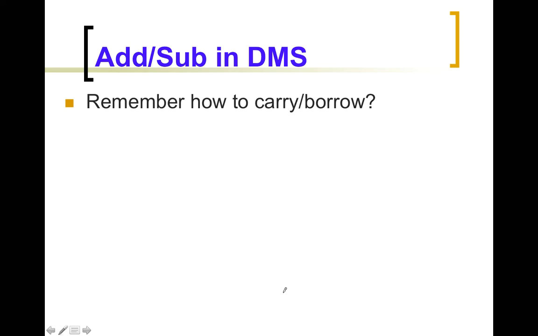Okay, one of the other things that comes up in this lesson is how to add and subtract in DMS. So if I wanted to take 34 degrees, 12 minutes, and 16 seconds, now let's go addition first. If I wanted to add 12 degrees, 19 minutes, and 54 seconds, I could add this straight down. So 54 plus 16 is 70. 19 and 12 make 31.